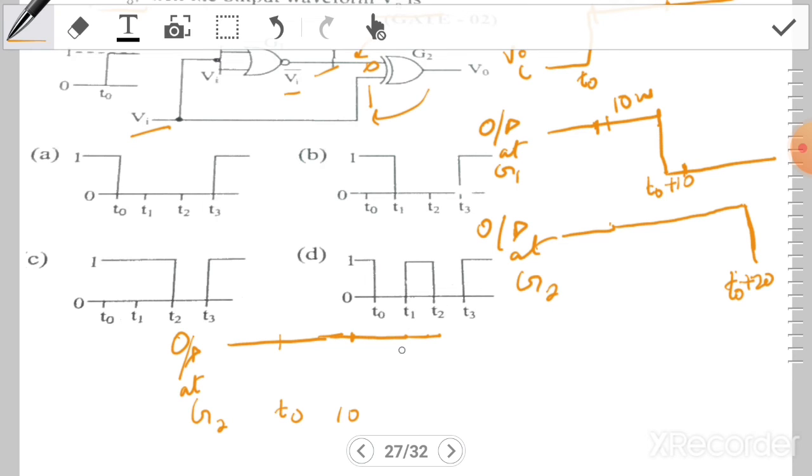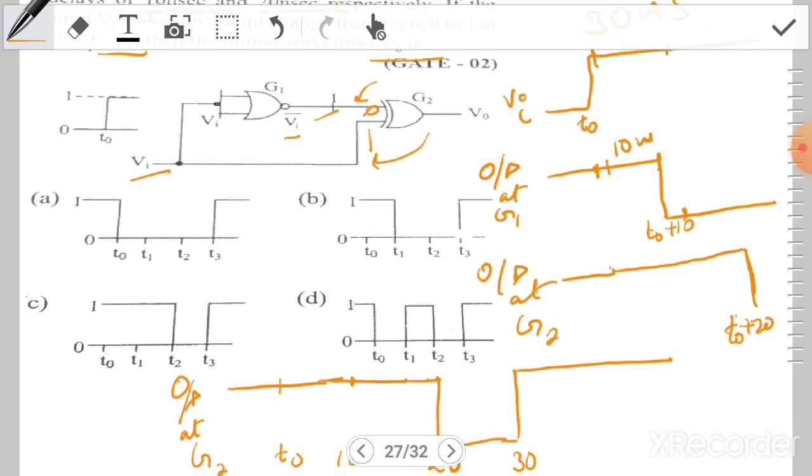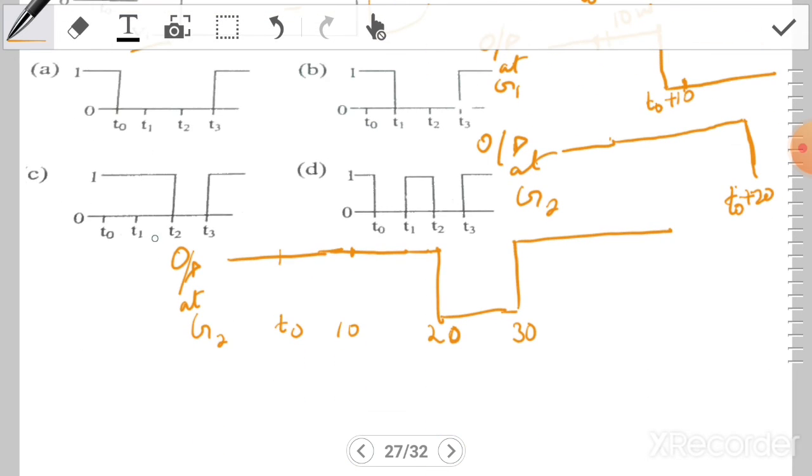So at T0 plus 20 there is a transition, and again at 30 there will be a transition. So the answer will be C here.